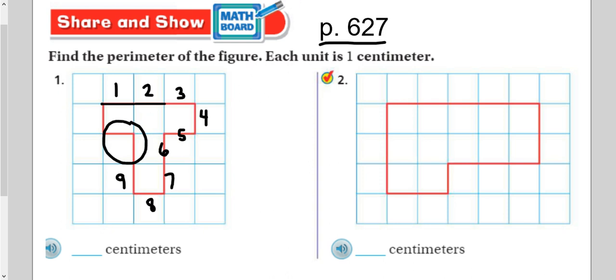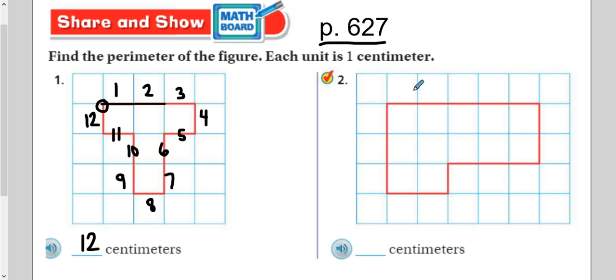So we will have 10. And that 10 is actually this part of the figure right there. And then 11, and we are back up at 12 and back where we started right here. So the measurement here is going to be 12 centimeters.